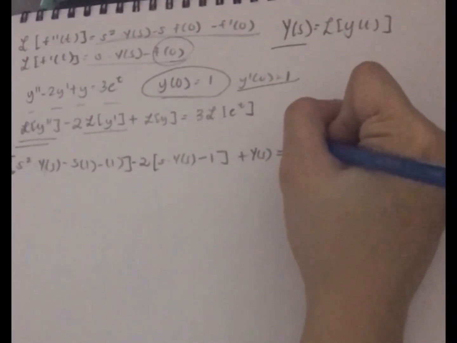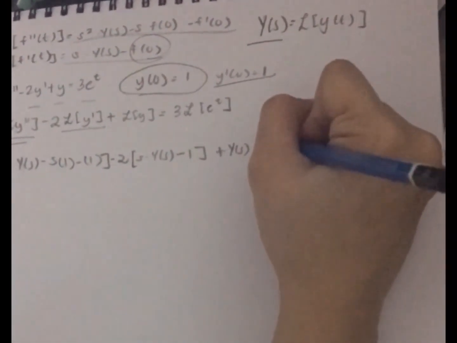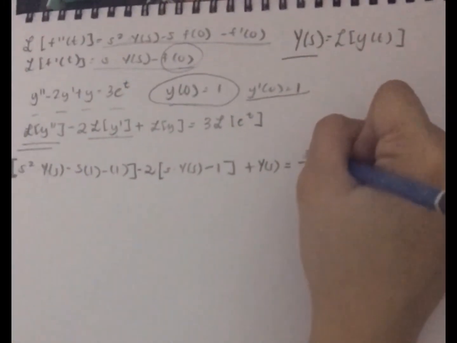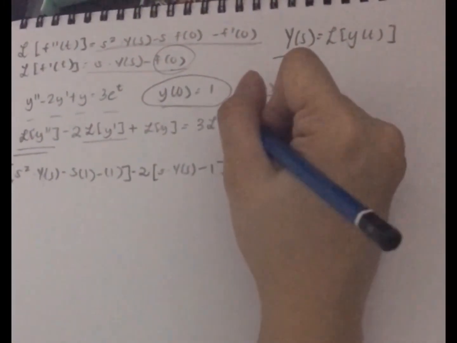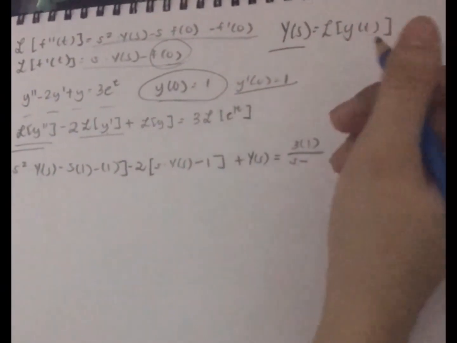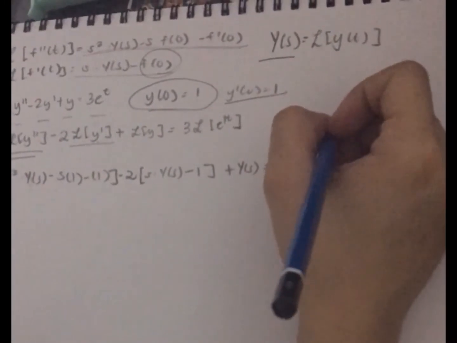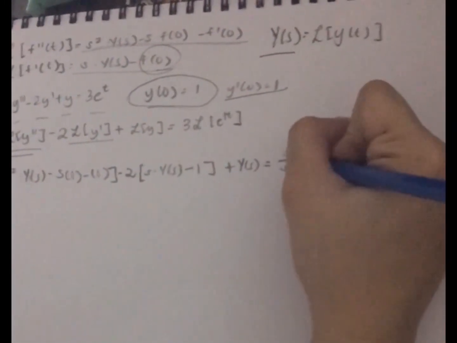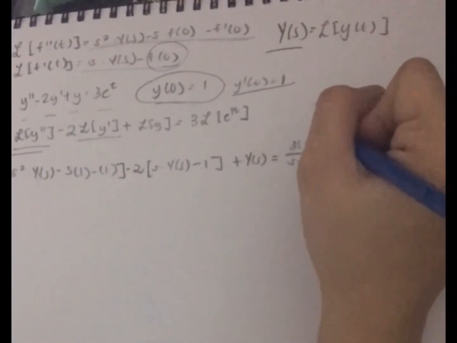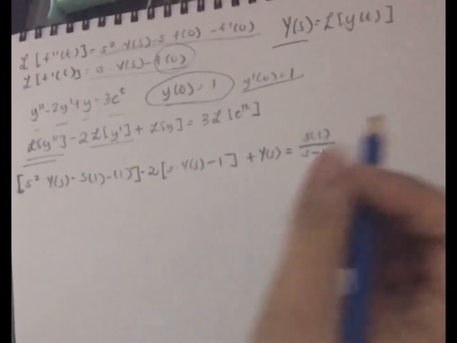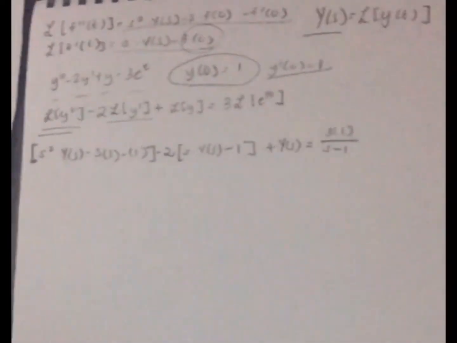Here on the right side, we have 3 times 1. Remember that the Laplace transform of e raised to at is equals to 1 over s minus a. Our a here is 1 since there are no other coefficients or numerical value before the t. So 1. 3 times 1 would be 3. Okay, let's combine like terms and distribute the multipliers.